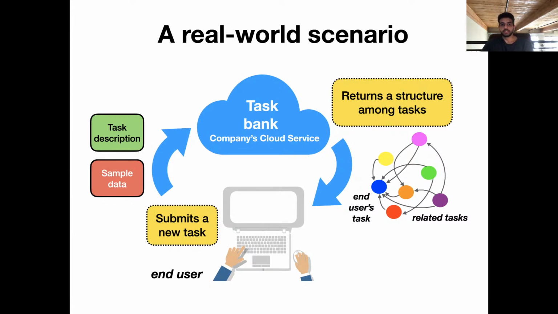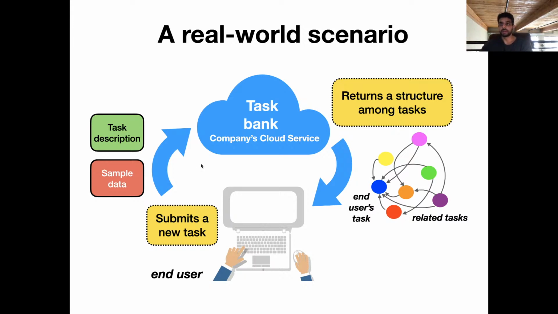Okay, so there are obviously real world use cases for this kind of thing, right? I think one that's particularly interesting for, say, a company is if you have a user that's able to submit a completely new task, right? So they provide maybe a description of what this task is and some sample data of X, Y pairs, input, output pairs.